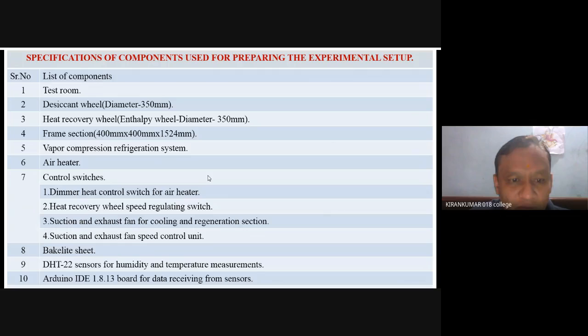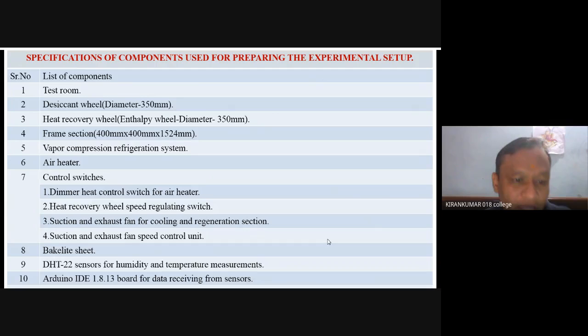Next is the specification of the components used for preparing the experimental setup. A number of components were used: the test room, desiccant wheel, heat recovery wheel, frame section, vapor compression refrigeration system, air heater, and different types of control switches for AC as well as DC regulation. Then a bakelite sheet, DHT22 sensors for temperature and humidity measurement, an Arduino board with IDE 1.8.13 to receive the data from the DHT22 sensors, and a CPU and monitor for data collection.